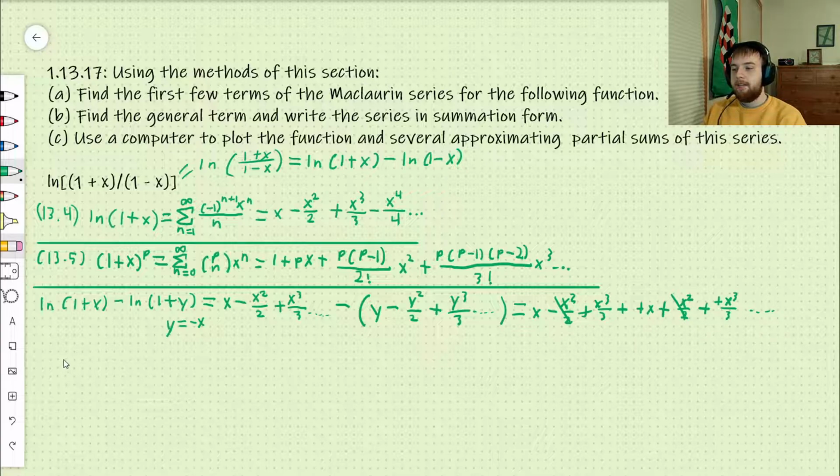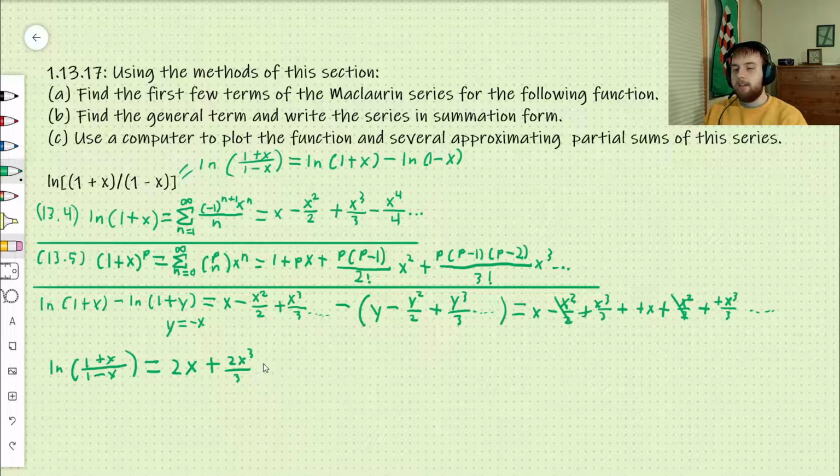So what we have is this original function equals 2x plus, and we have 2 of these also, 2x cubed over 3.